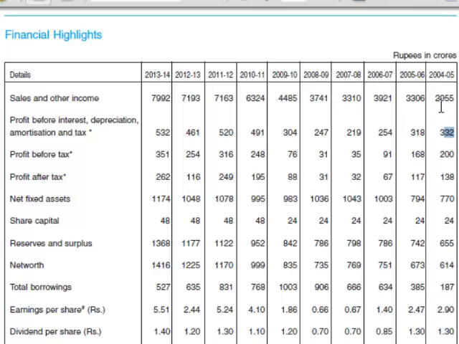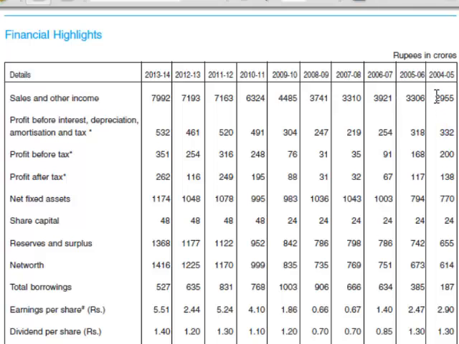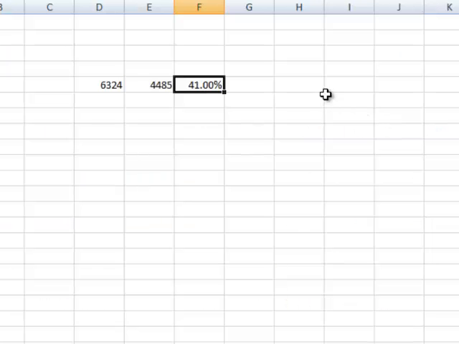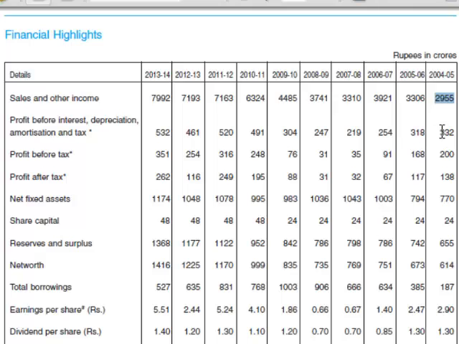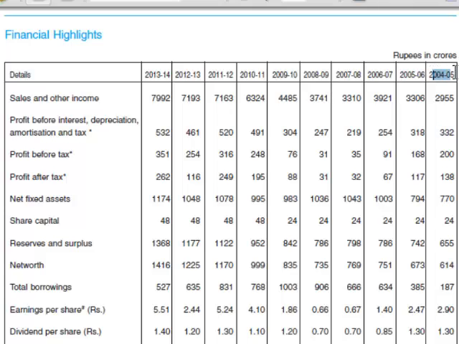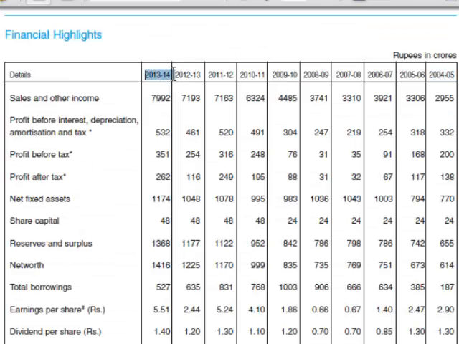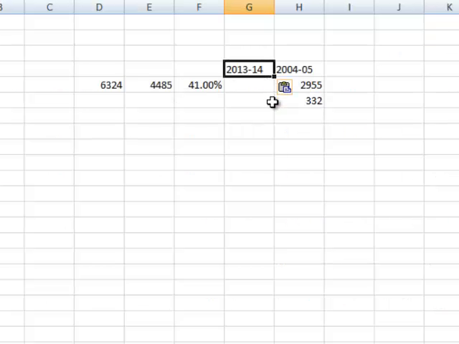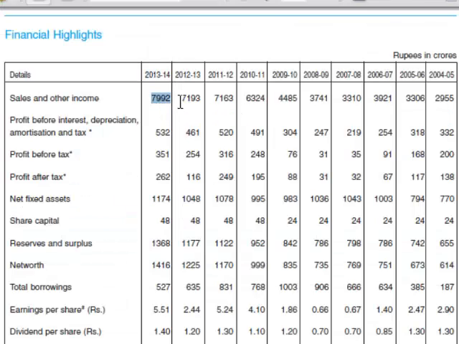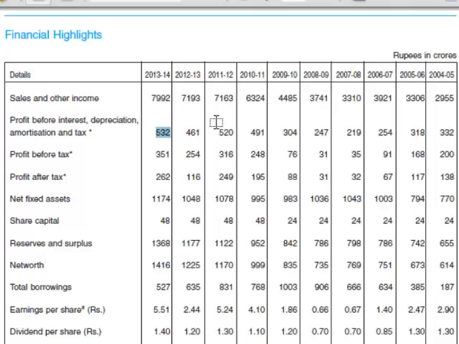Okay, how do we know that there is a decrease in margin? Let's do some basic calculations. Let me copy paste these numbers. 2995 and 332. This is for 2004-5. This year 2013-14, this number is 7922 and this is 532.